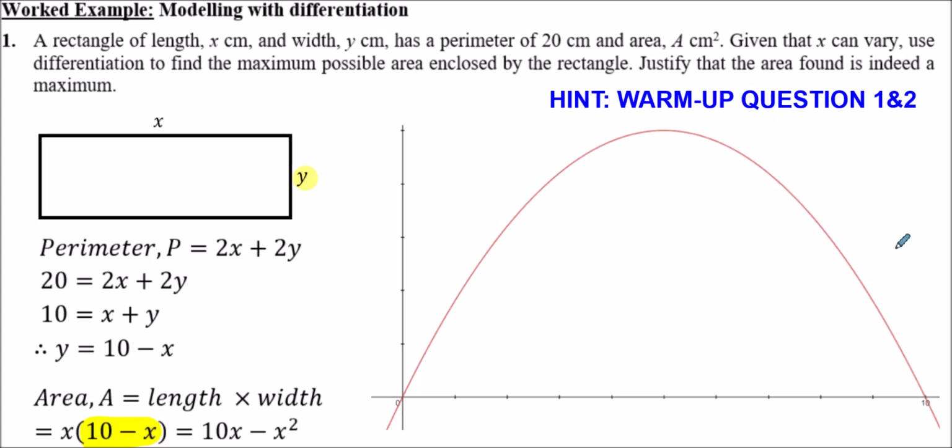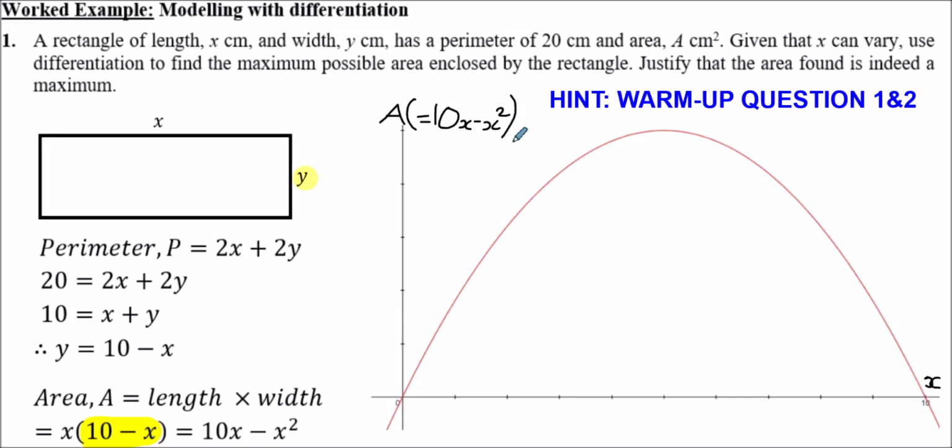And so just to clarify, this here is x, and the y-axis I'm just going to call A, where A equals 10x minus x squared. And so where is A a maximum? Well, there's two things we can do.